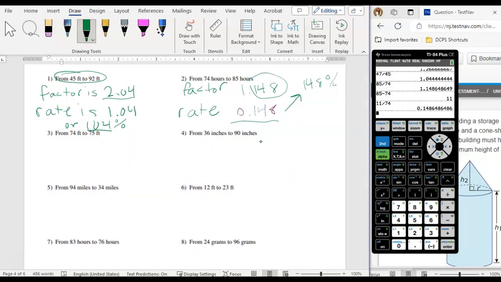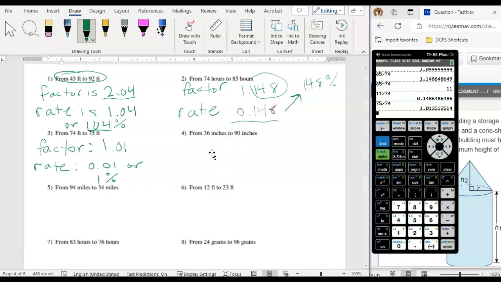Here the factor is going to be greater than 1 because we see it's increasing, so the factor is 1.01, we'll say. Notice 74 over to 75, it's increasing 1%. So my rate then is 0.01 or 1%. Okay? All right, so continue along that.